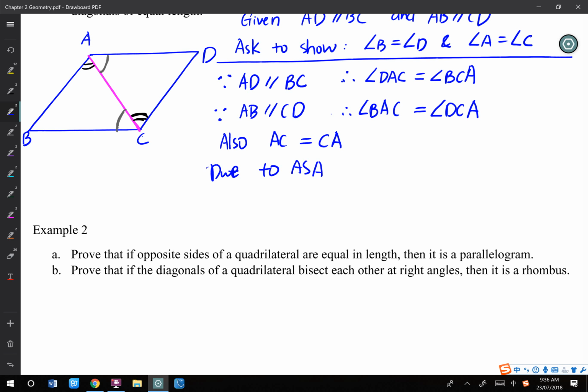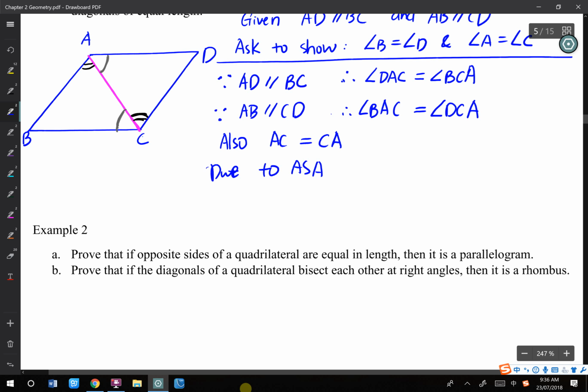You also have one corresponding side equal, because AC is opposite to angle B, and AC is also opposite to angle D in the second triangle. Then it's the same pair. So corresponding side equal, two angles equal.